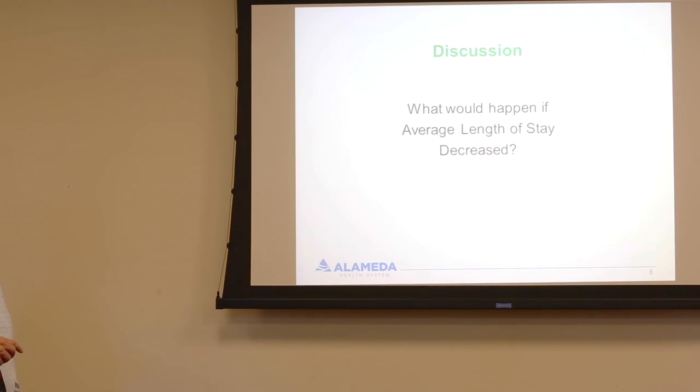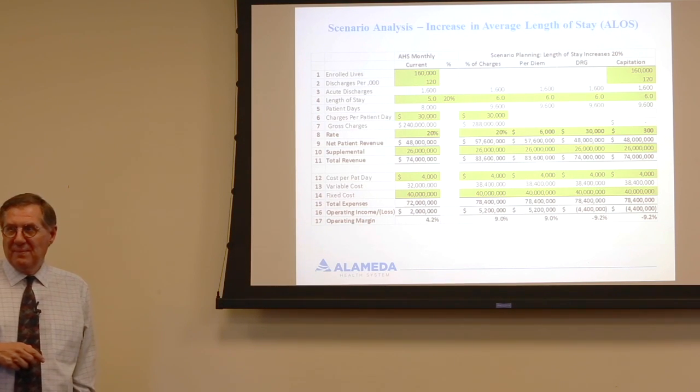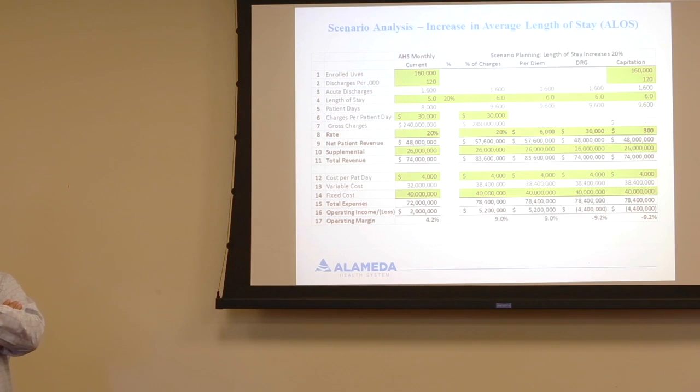So, that's your question. What would happen, do you think, if the average length of stay, instead of increasing, decreased? What would happen? I guess the percent of charges and per diem, we would potentially lose money. Yeah, because on these two folks would lose 20% of their revenue.